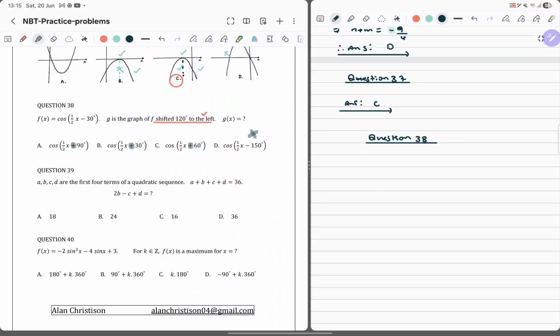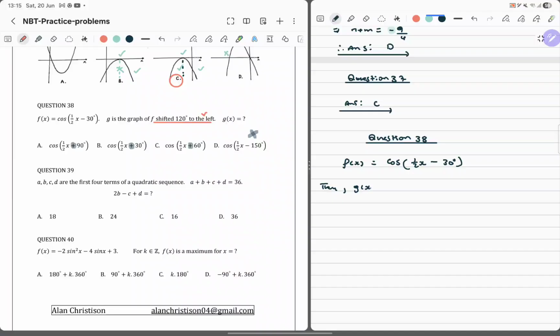Okay. Right. So now let's deal with this problem. So we know that g of x, okay, maybe let's start by writing f of x. F of x is the cos of half of x minus 30 degrees.